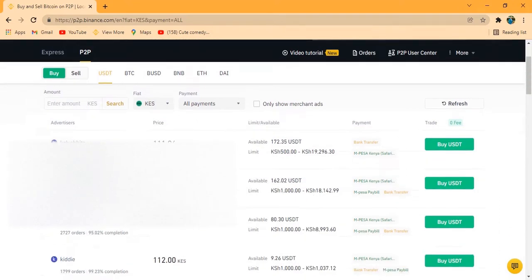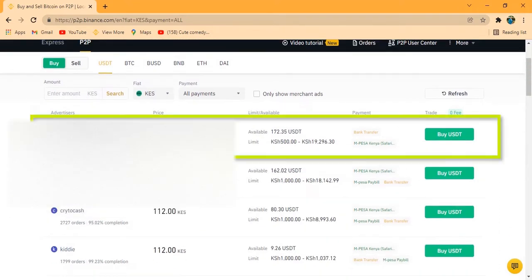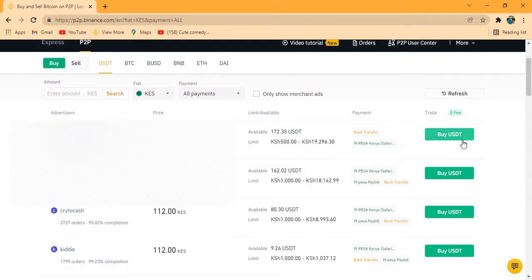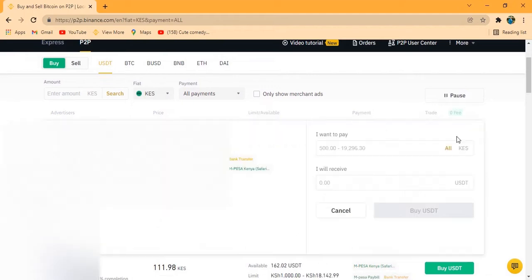Here I'm going to select where I'm going to buy. It lists buys from the lowest to highest. This is the lowest, and you have to consider the limits here, like 500 to 9,296, so the difference is about 19,000. I can buy between that.